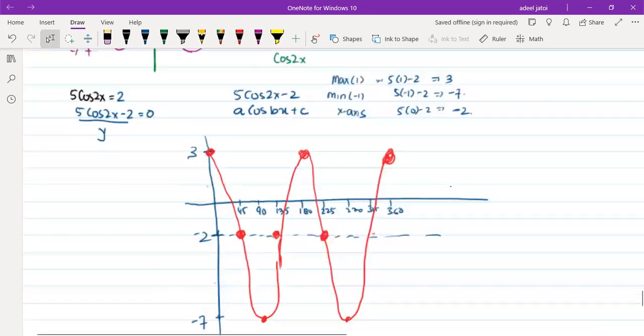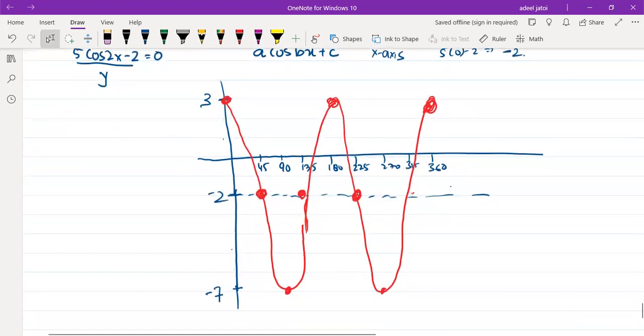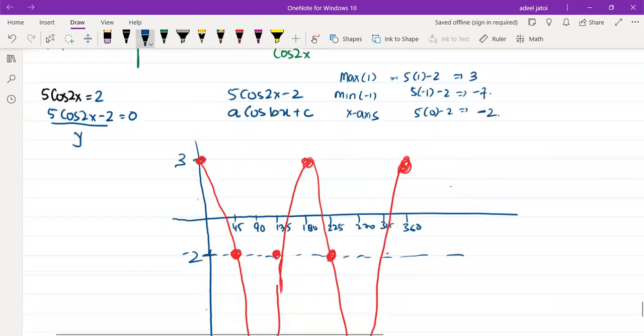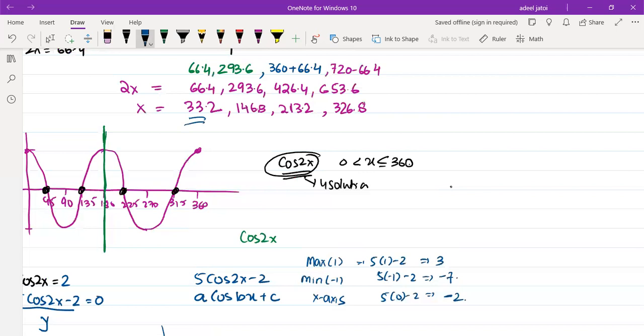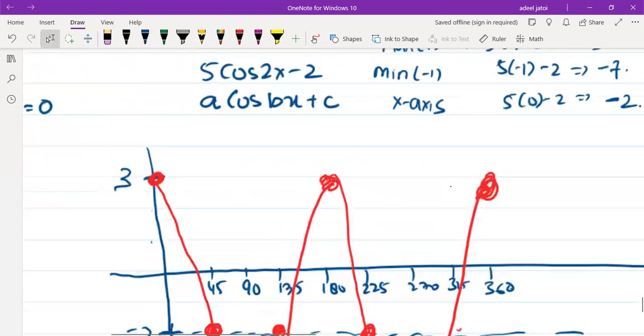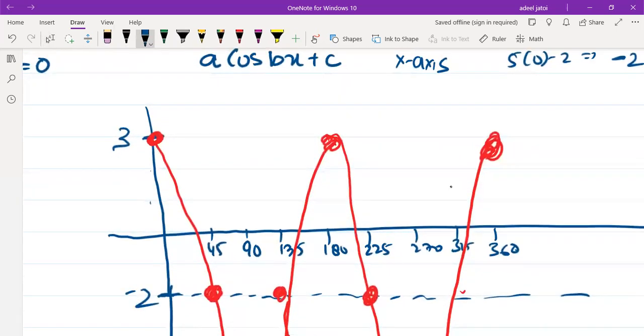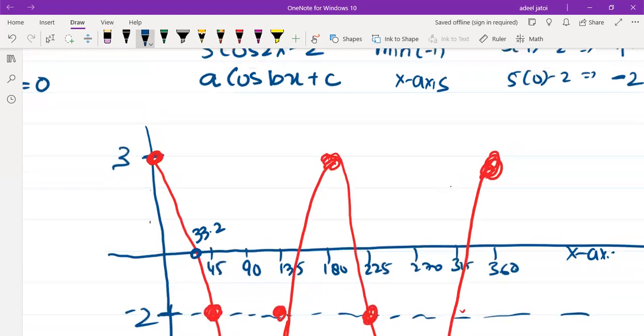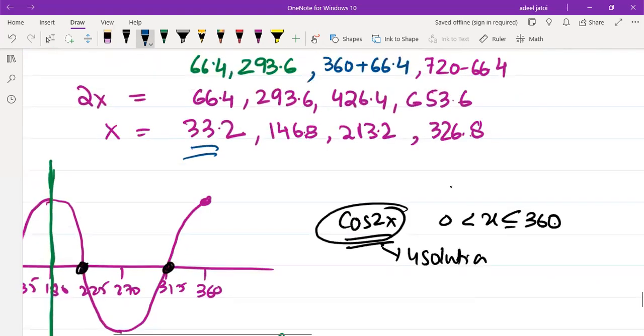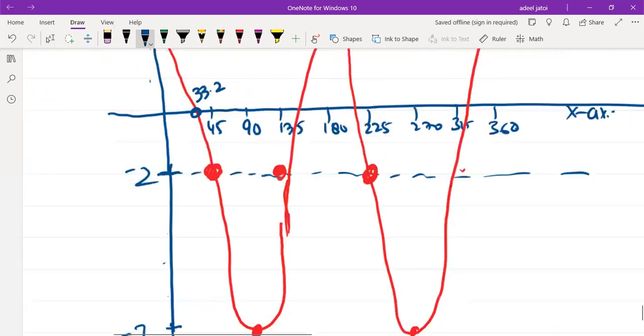Considering the graph pattern that we are going to follow, if you look into this, your first answer was 33.2. So can I say it is before 45 on the original x-axis? Now, the second answer was 146.8.